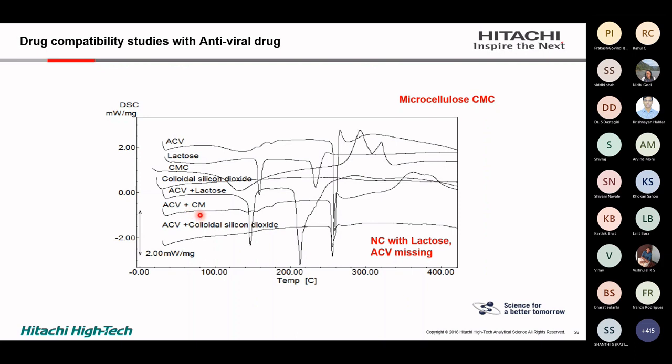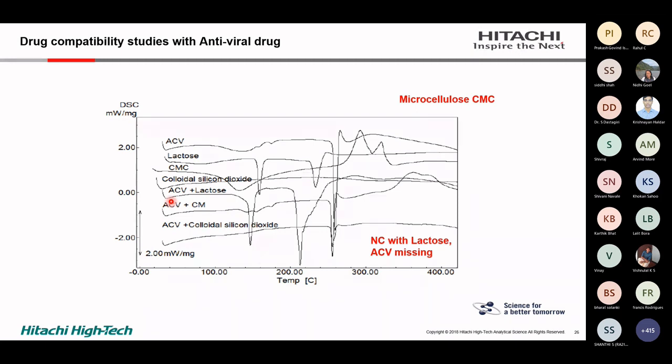But if you look at the methyl cellulose, you clearly see the melting due to the antiviral drug, signifying that there is no interaction between methyl cellulose and the antiviral drug, while in the case of lactose, there is a clear-cut interaction between the lactose and the antiviral drug, which indicates it is non-compatible.